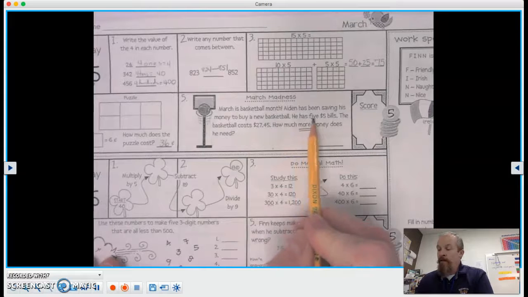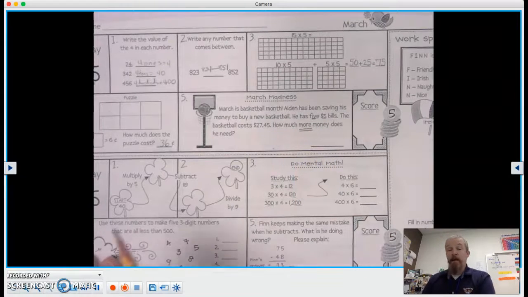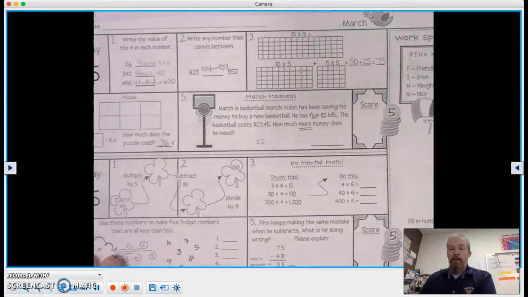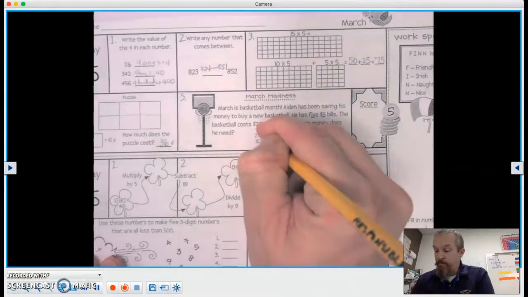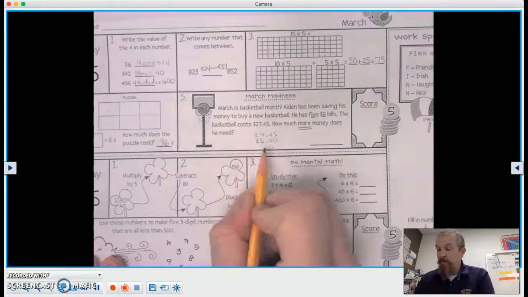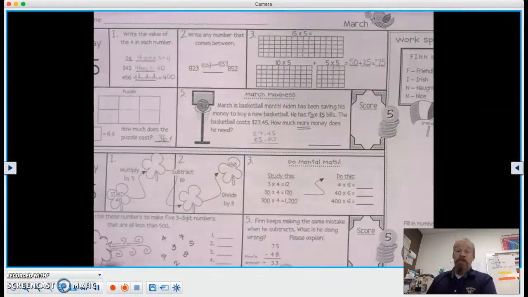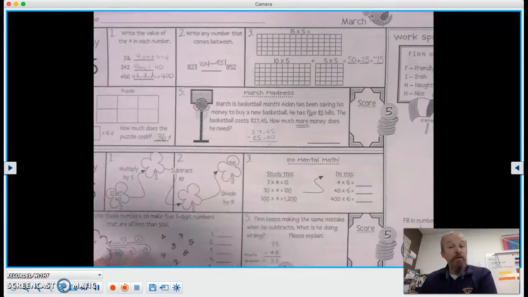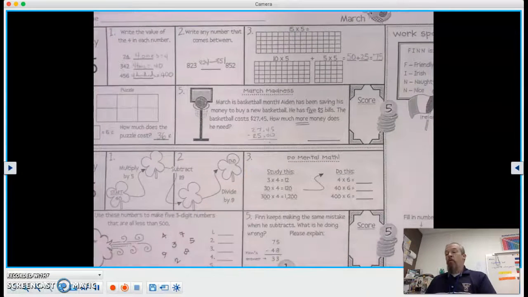Well, 5 $5 bills. Well, 5 times 5 equals 25. And it costs $27.45. And he has $25 and no cents. So now we're going to compare those, or we're going to subtract to find the difference of what he needs to have enough.